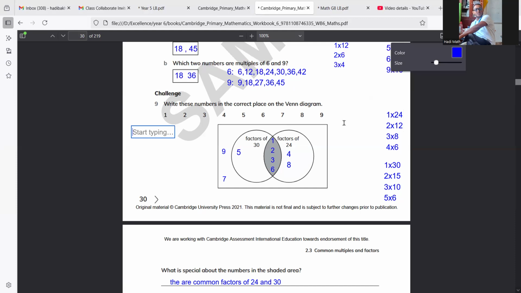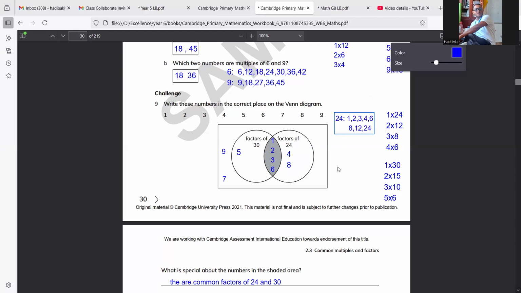So if they ask you what the factors of 24 are, write them in order: 1, 2, 3, 4, 6, 8, 12, and 24.